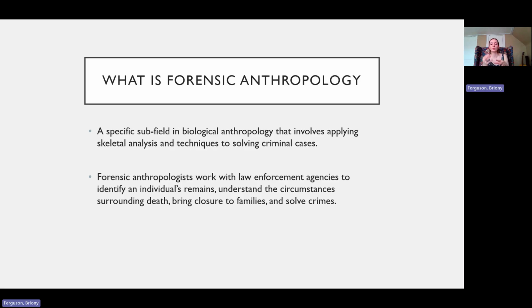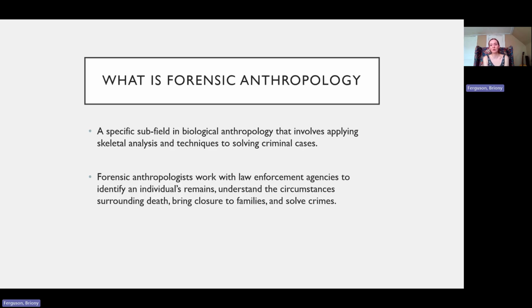So occasionally you will get a case where it is recent enough that they are trying to prosecute an individual for committing the crime against the unidentified remains. And then in those instances, a forensic anthropologist that worked on the case might be asked to come in and testify. But that's going to be a pretty case-by-case basis.